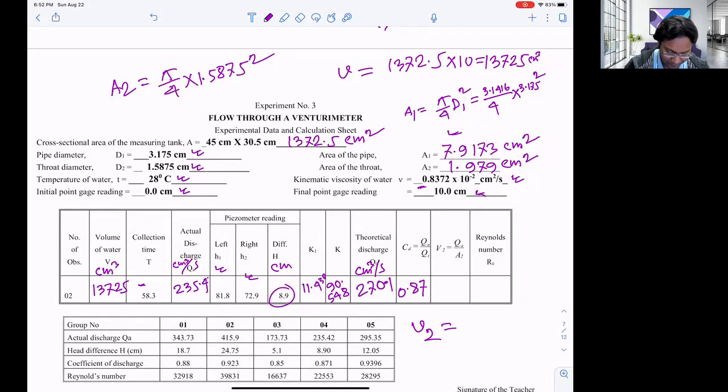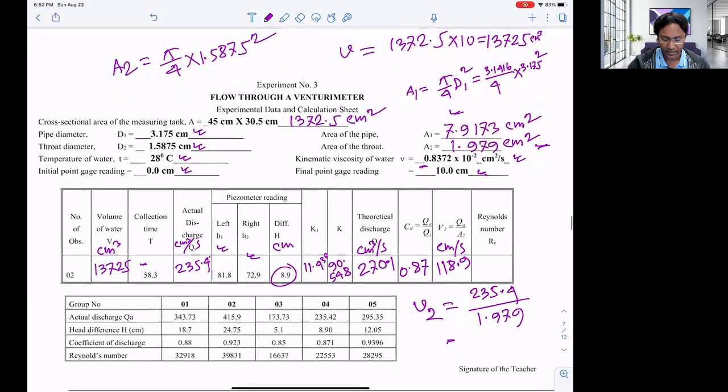So V2 is equal to QA, 235.4, divided by the cross-sectional area at the throat section, which is 1.979. So it is giving us 118.9, because that section is so constricted that the velocity is too high, 118 centimeter per second, 1.2 meter per second. Water is flowing so fast.